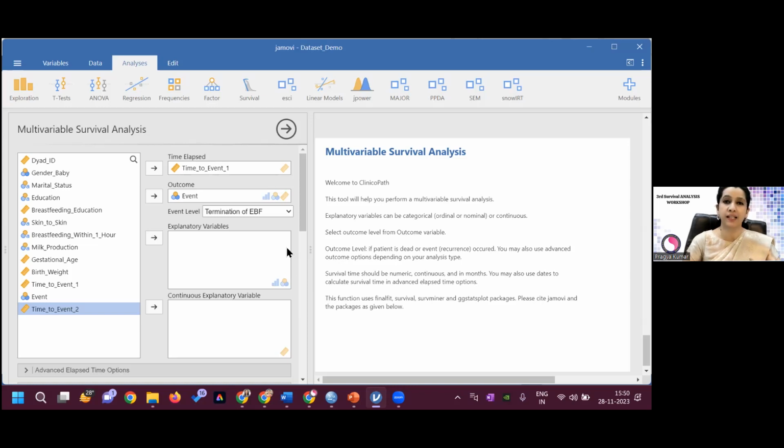The second thing is regarding the sample size. In any survival analysis, especially in this Cox proportional hazard, because you are making a model, what is the criterion? Generally we say a minimum of 10 and a maximum of 20 outcomes should be there per variable. That much sample size should be there.